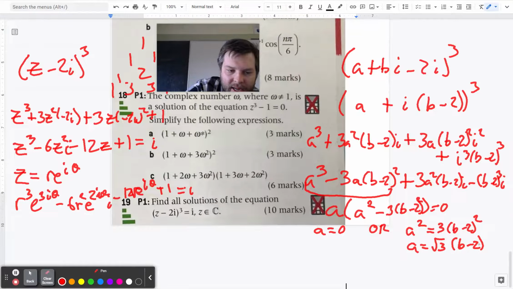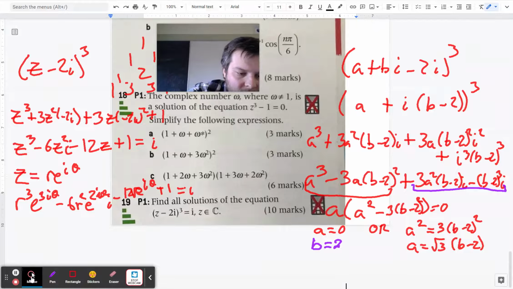And then the imaginary part needs to equal 1. So if a equals 0, then on the imaginary part, we get that b has to equal 2. Or not quite, no. Let me back that up. Let's actually write it out.